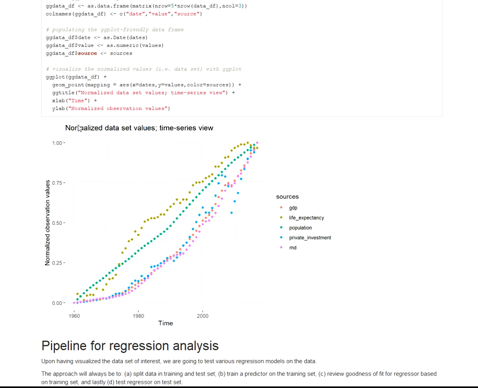As I said, in the next videos we're going to look at various types of regression models, but just so you see the data that I'm working with, here you see the 5 economic indicators visualized in their normalized form, so from a scale from 0 to 1, and you can see how they are all strongly growing over time. There's a clear trend in all of the data.